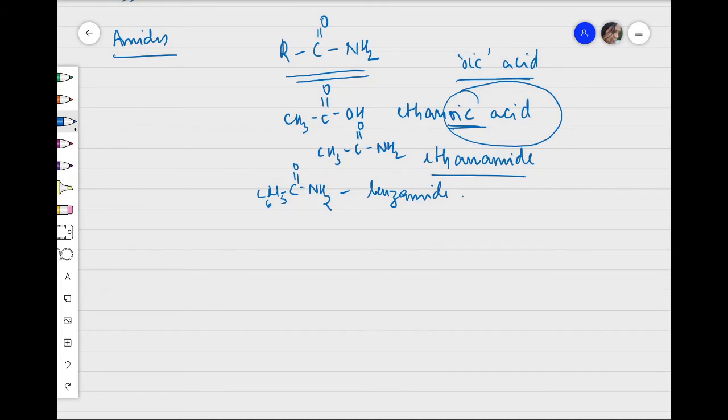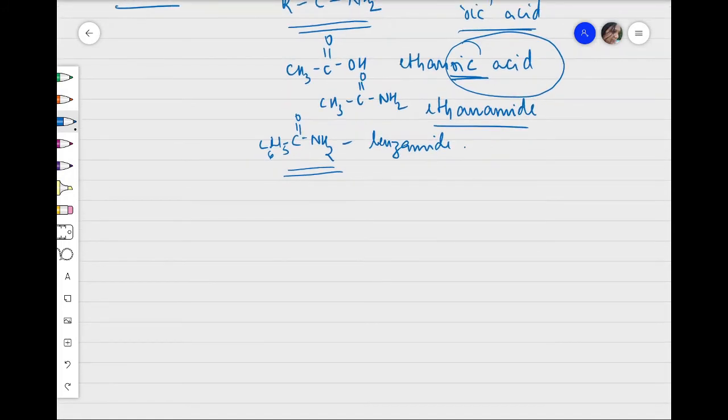Now suppose I have substitution on the N. These are all primary amides, and I can replace the hydrogens on nitrogen. So there you have substitution on the nitrogen, and you have to specify N.